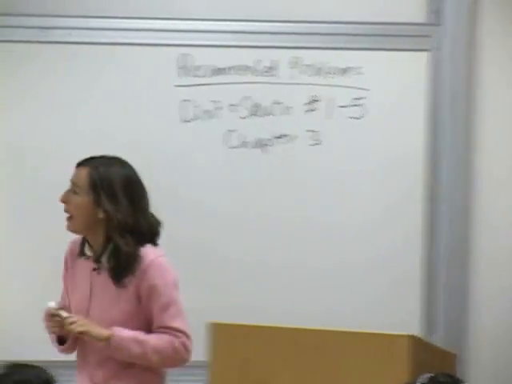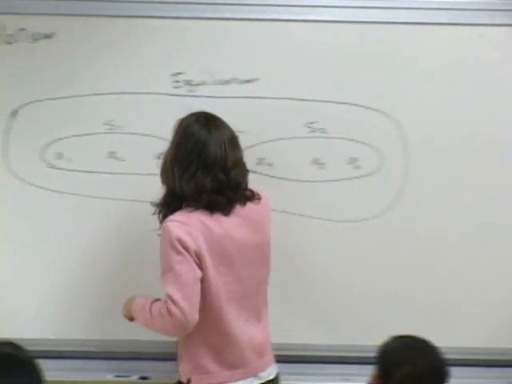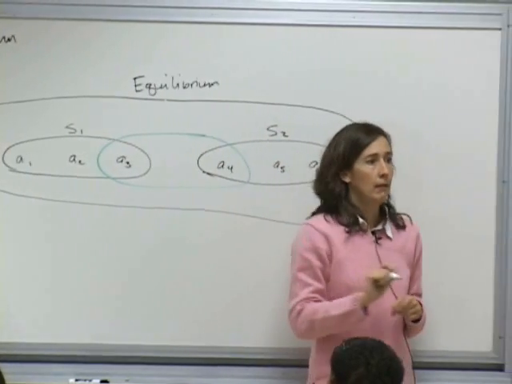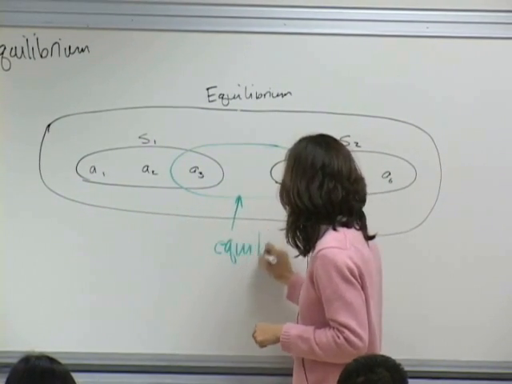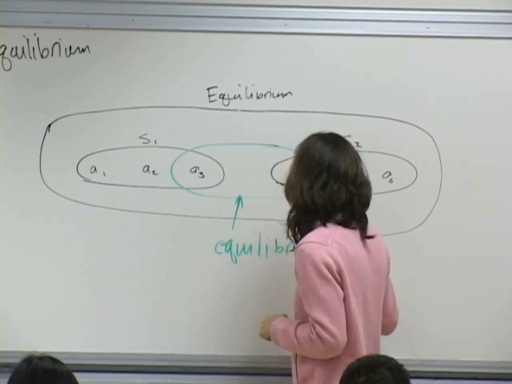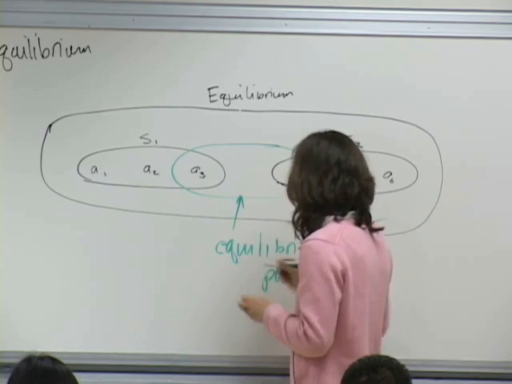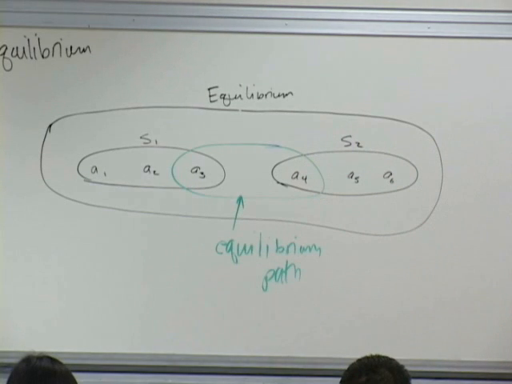Lillian's question is, how do we fit equilibrium path in here? It would be something like this. Okay? So in the context of a specific game, the actions always come right from the story.